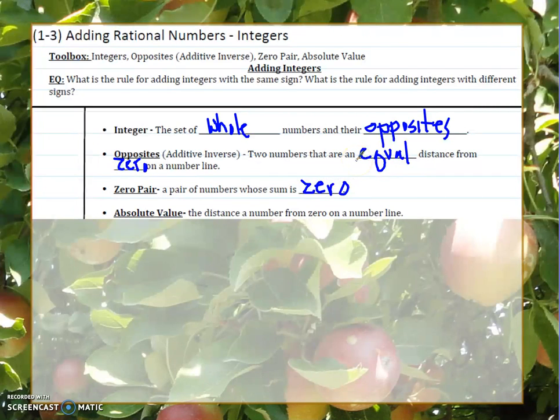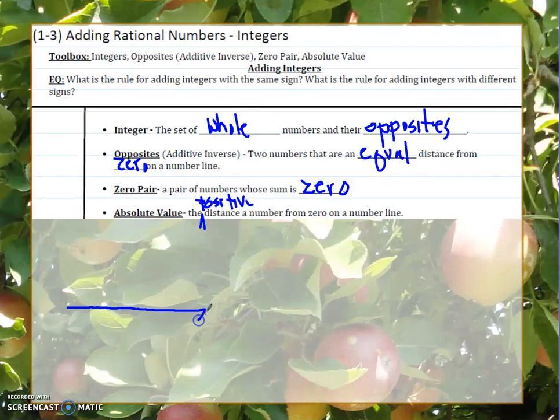Absolute value, it is the positive distance of a number from 0 on a number line. So, for example, examples of opposites.